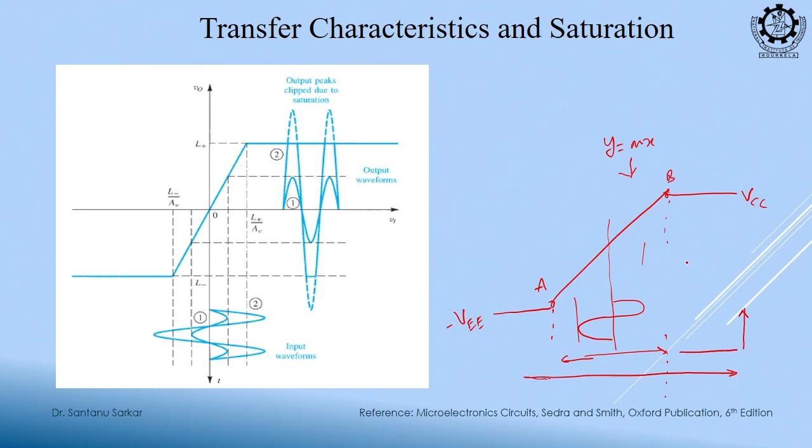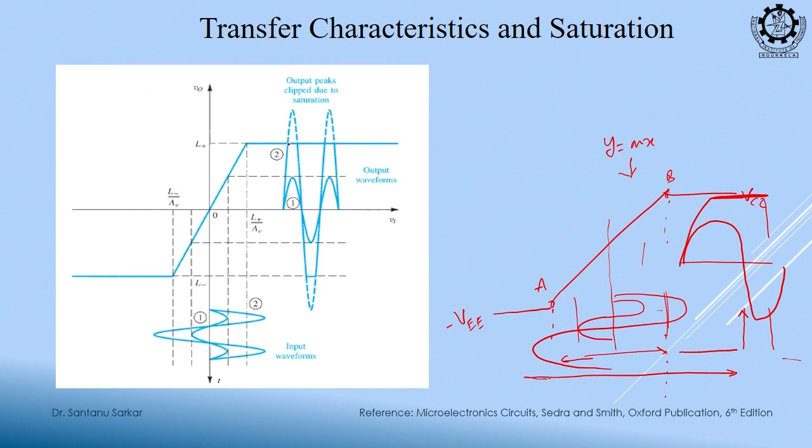So, in between, if I have any sine wave like this, you see it is still within this range. So, output will also be within the range, but amplified. The moment it crosses this, what do you think? This portion will be clipped, right, because it cannot go above VCC and the linear range is crossed by the input signal.